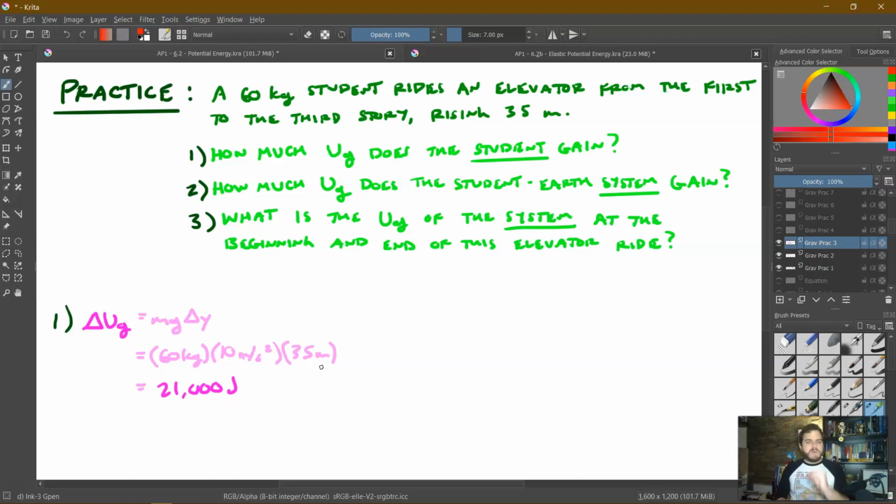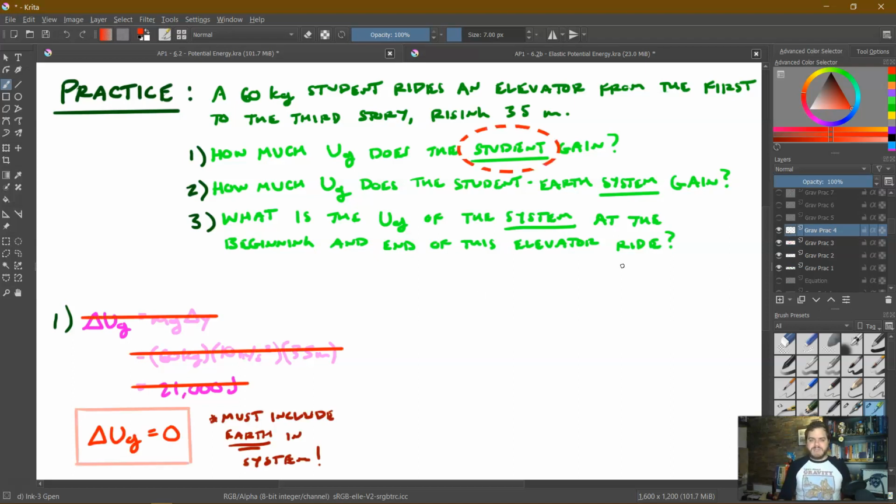So right now we're focusing on a system that is only the student. If we're only looking at the student, there's nothing generating a gravitational field for the student to be in, so the system of only the student can't have gravitational potential energy. Remember, we said potential energy requires multiple objects in their position in relation to each other. So actually, the answer for question one would simply be 0.